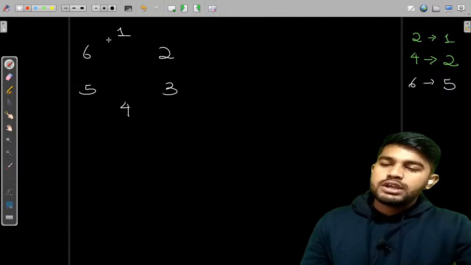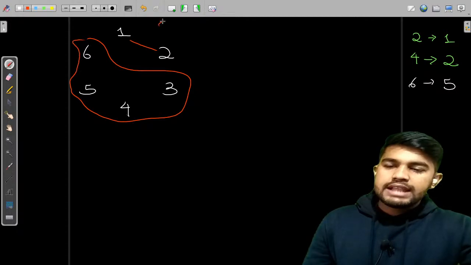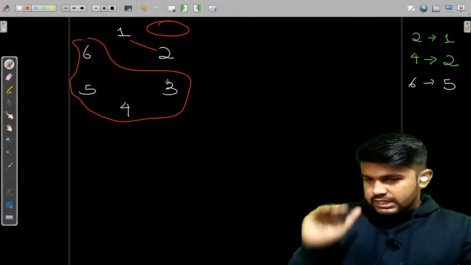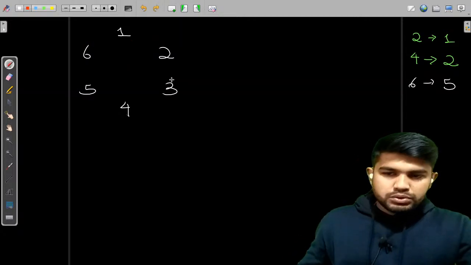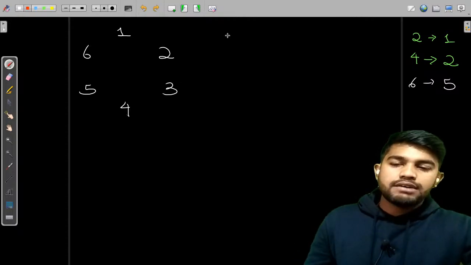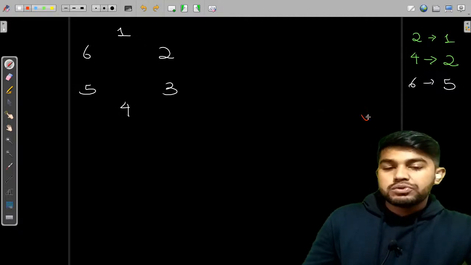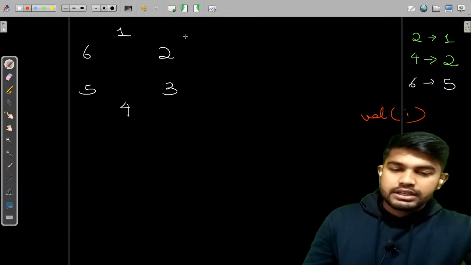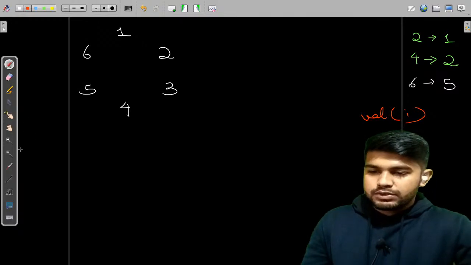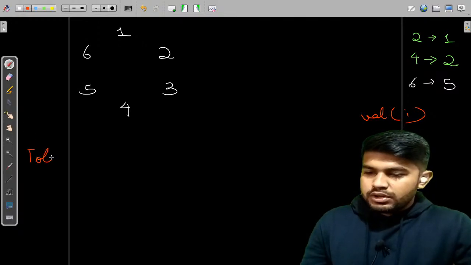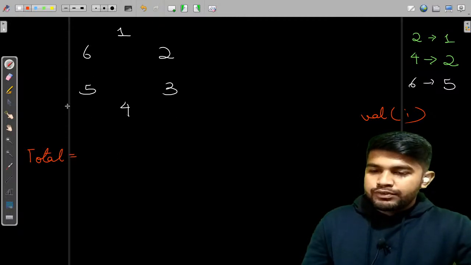So if 1 is doing a handshake with 2, then this side it is 0 and this side it is 4. Suppose let's just say the total is equal to the number of ways of 4.